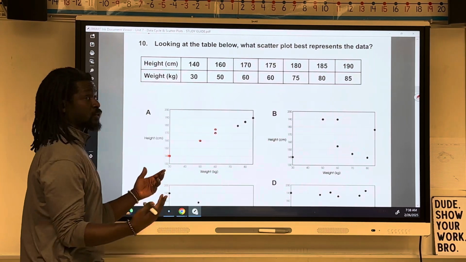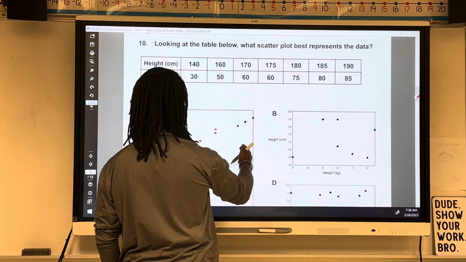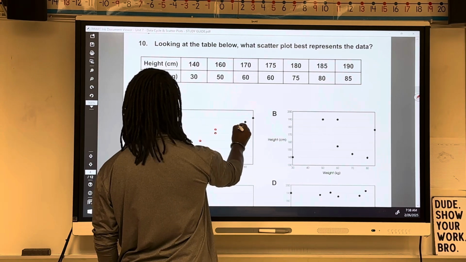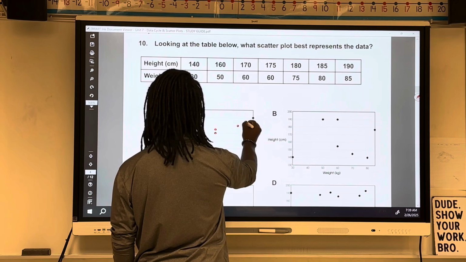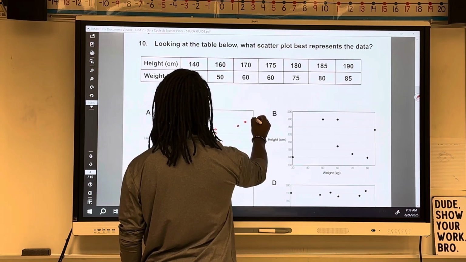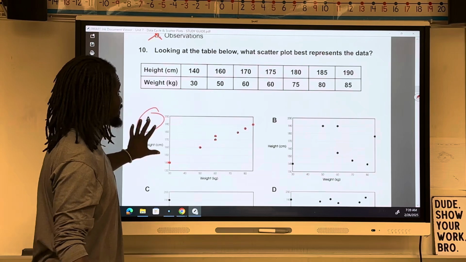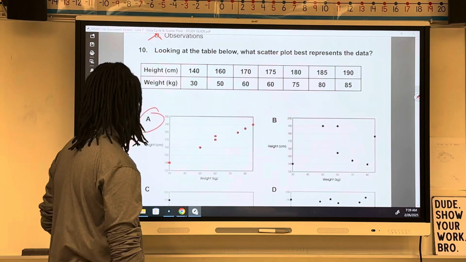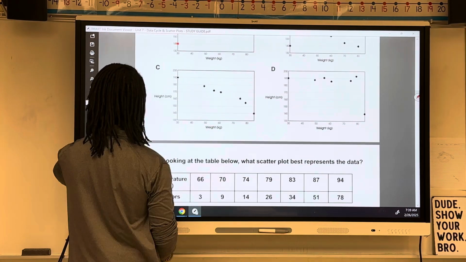So far this is looking like this is the answer, but again, I want to make sure that all of them are true. So 75 and 180, that was good. 80 and 185, that's good. And then 85 and 190, that's good. Okay, so hey, for the sake of time, I'm not gonna go on, but again, you see how I graphed all of the points. You certainly need to make sure you do that when you are solving a problem like that.